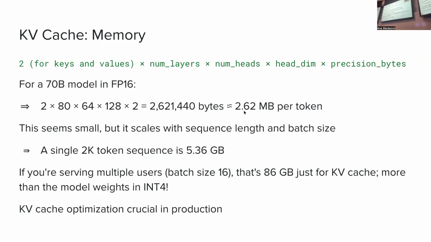And although that doesn't sound dramatic, because I have just talked about hundreds of gigabytes, this is just for a single decoding position, right? So if I have a lengthy sequence, a single sequence with 2000 generation steps, now this memory becomes 5 gigabytes.